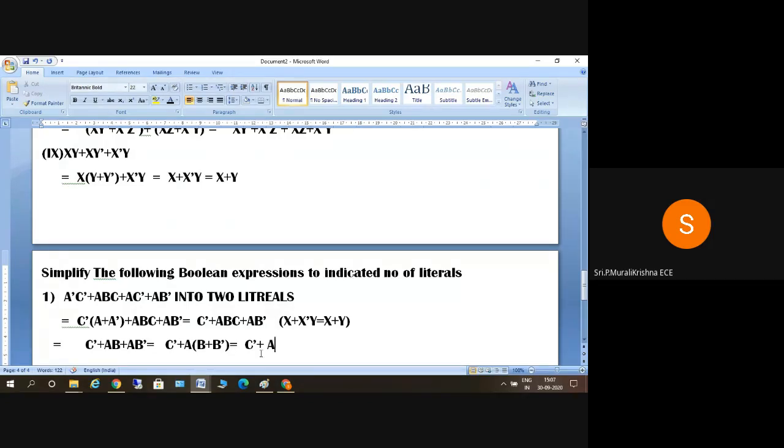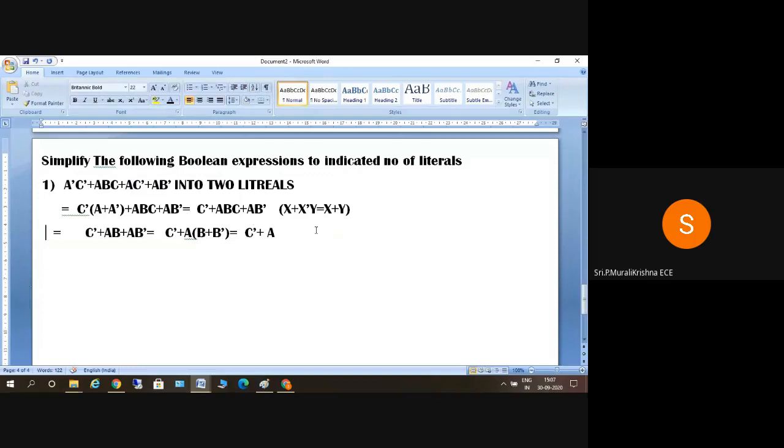So we have only two literals here, and B is eliminated, the value of B is not there. Clear? Literals and variables mean the same here. Next we'll see the second one.